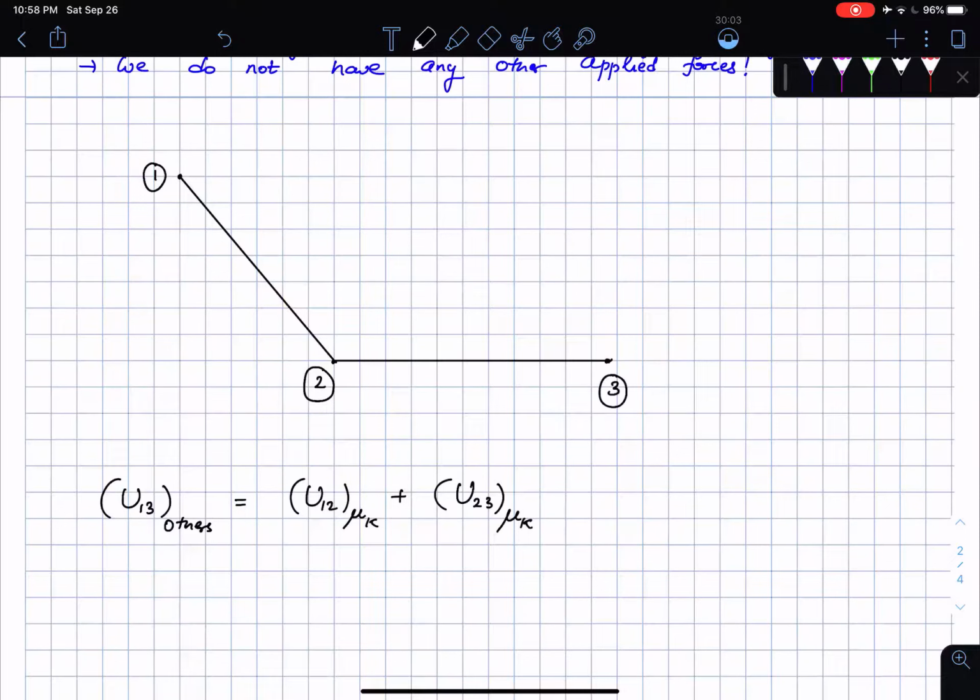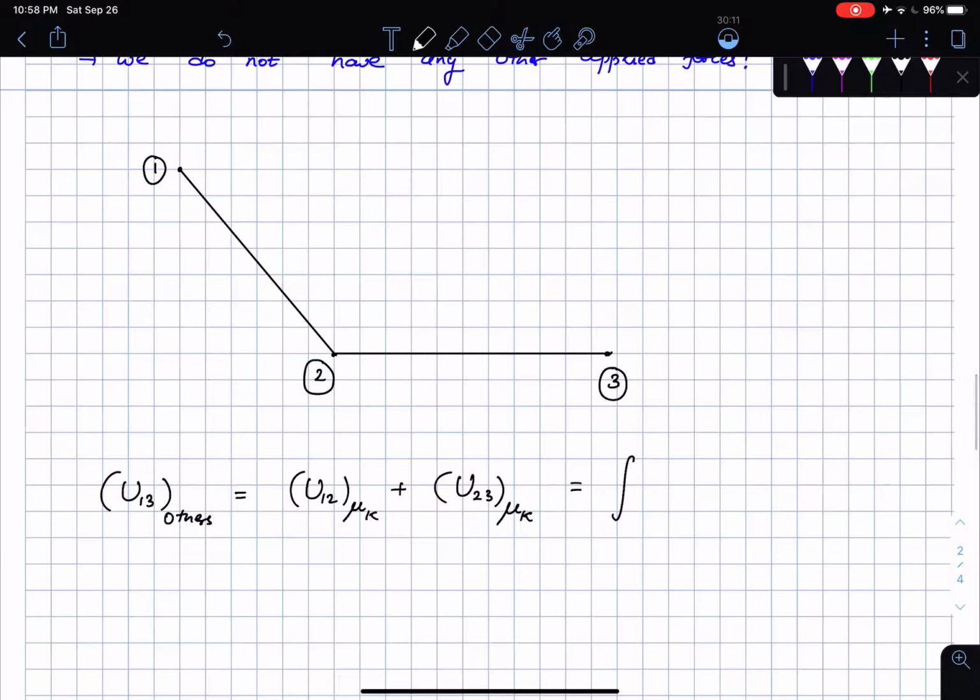Okay, so if I write it as an integral, this is going to be an integral because friction is going to do work against the motion of the particle. So this is going to be a negative quantity. So this is going to be the integral of F mu k between position 1 and position 2 ds, minus the integral from position 2 to position 3 of F mu k ds.